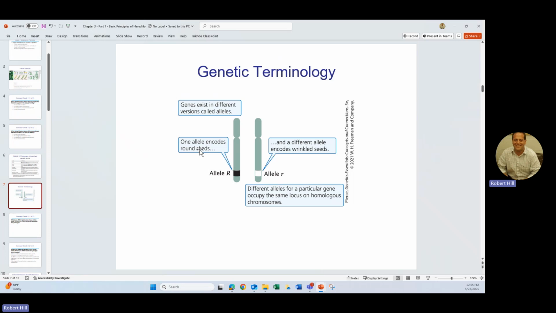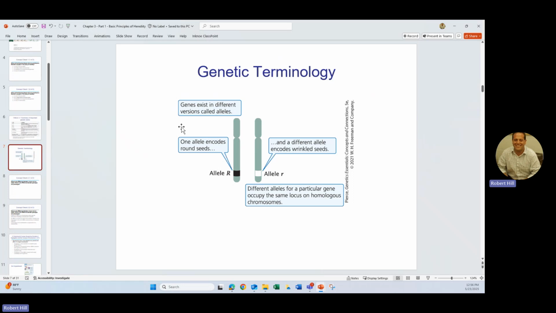Lowercase r, which is the recessive allele, is found on the other homologous chromosome, at the same location, because these are essentially the same chromosome. One's from mom, one's from dad. It's the same chromosome number and has the same genes on it. There are just different versions of them because of things like crossing over and genetic recombination, all those things that give variation.